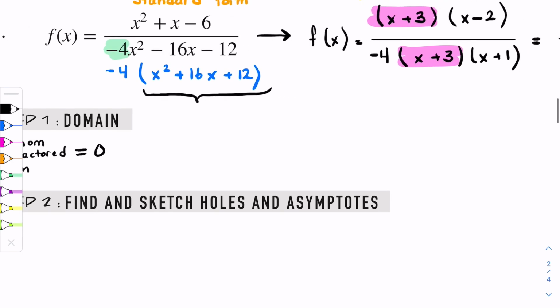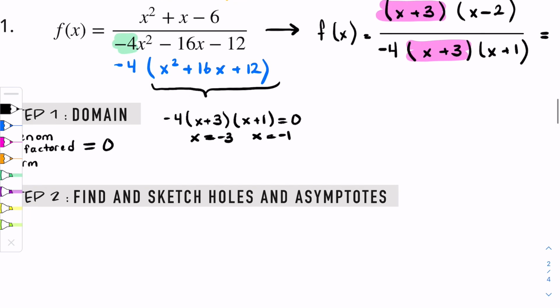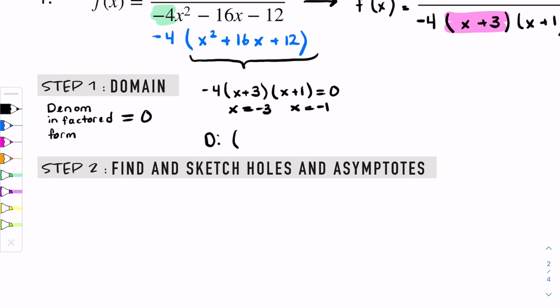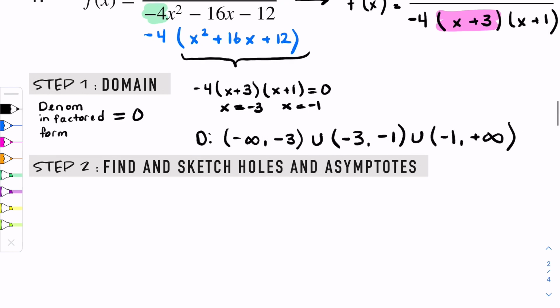So if we set the denominator of negative 4 times x plus 3 times x plus 1 equal to 0, we would have a 0 at x equals negative 3 and x equals negative 1. Both of these values have to be omitted, so the domain is negative infinity to negative 3, negative 3 to negative 1, negative 1 to positive infinity.